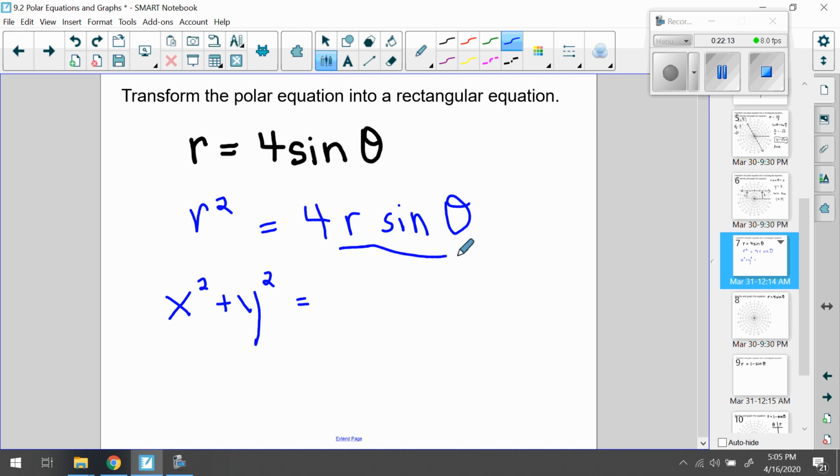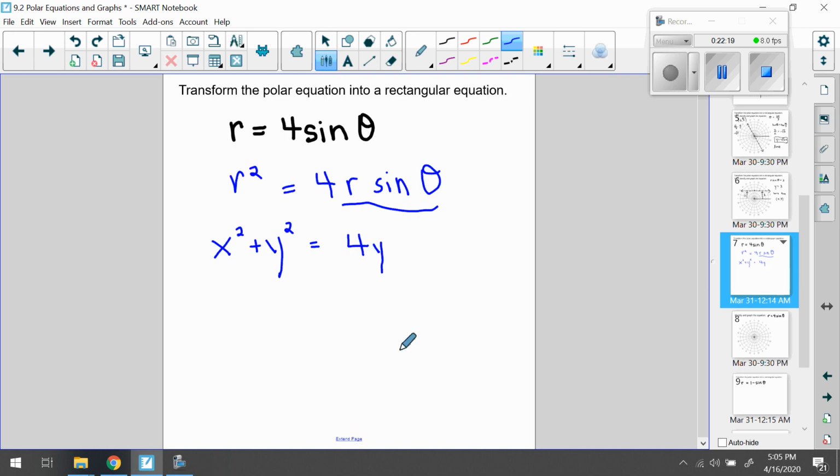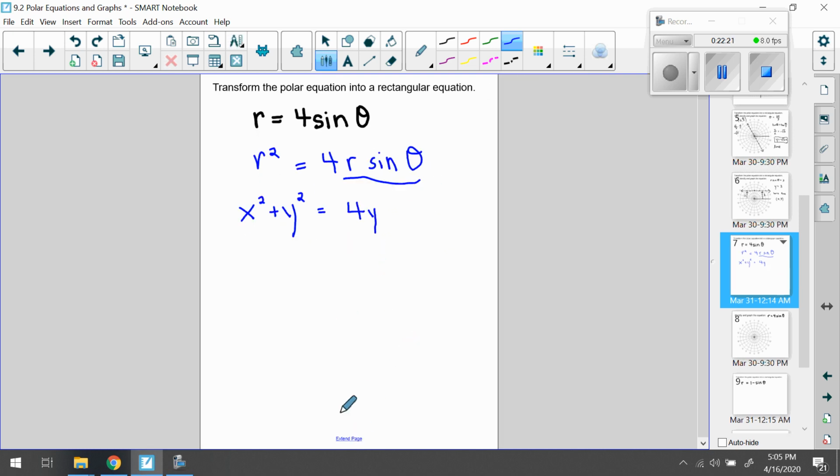And then we know r sine theta equals y, so that's 4y. Now at the moment, it may not be super obvious what this is, but if we delve back into our algebra, or perhaps way back to chapter 1 earlier this year, what I'm thinking here is that y squared and that 4y need to go together. So I'm going to subtract the 4y over here.